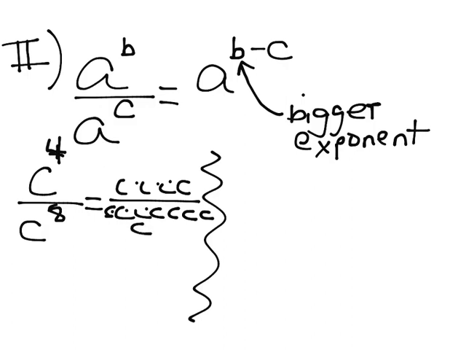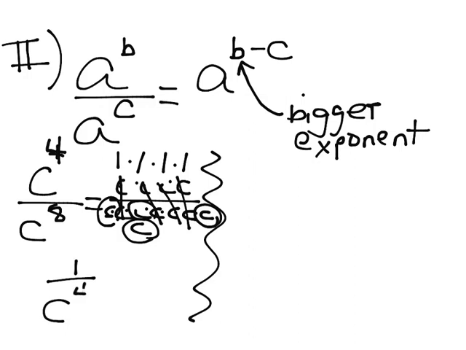And I'm going to put dots because it's repeated multiplication. I'm going to cancel, cancel, cancel, and cancel. Once you finish canceling, you see that there are 4 c's left in the denominator. And this is multiplying by 1 because c divided by c is 1. So we're going to have 1 over c to the 4th.